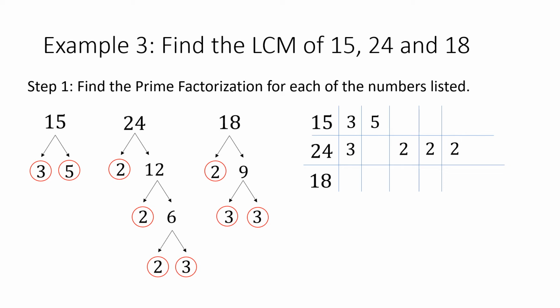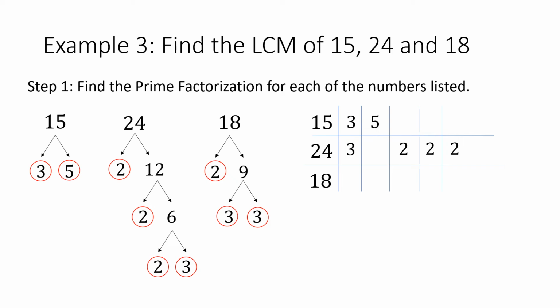Okay, so now I'm going to look at the prime numbers for 18, and same thing, if you have a prime number that is in the top row or even in the middle row now that is in common with the prime number of 18, I will place that number below it in the column. If the prime number isn't already represented, I will create a new column for that prime number.